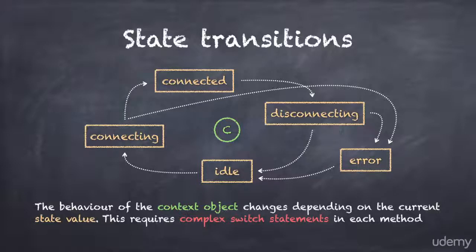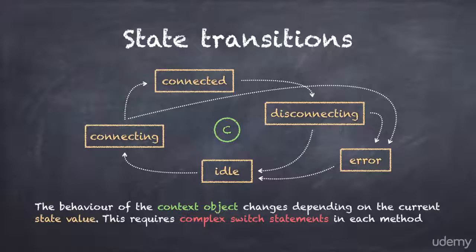So far, so good. The second requirement is that the object radically changes its behavior based on the internal state. So the same methods behave very differently for different state values. You can code this by hand by putting switch statements in each object method.